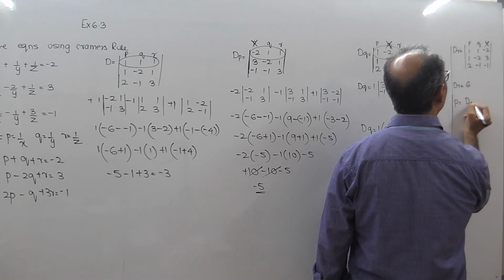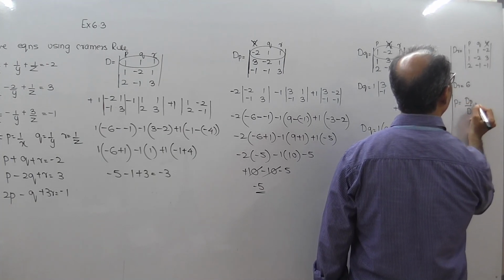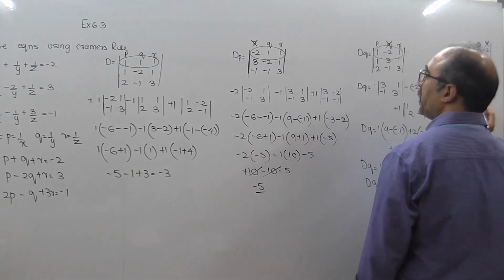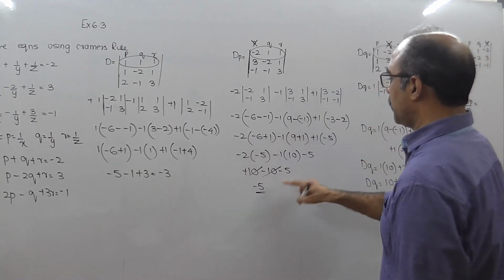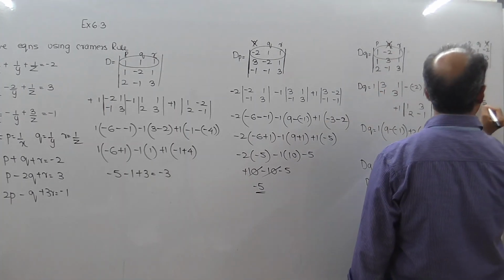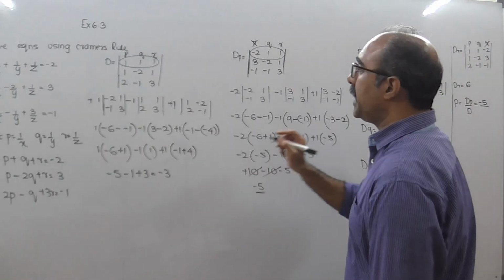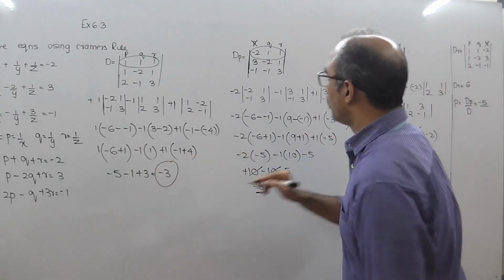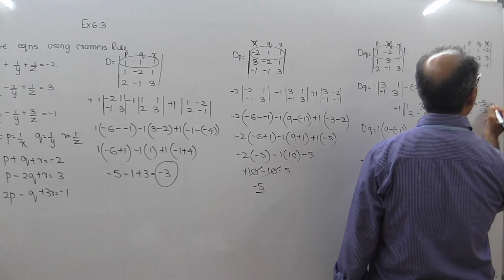P equal to dp upon d. What is dp? dp is here, minus 5, d, I think d is here, which is minus 3.